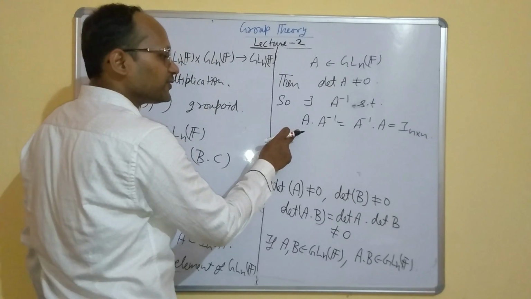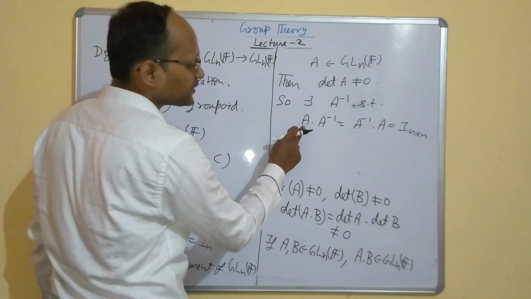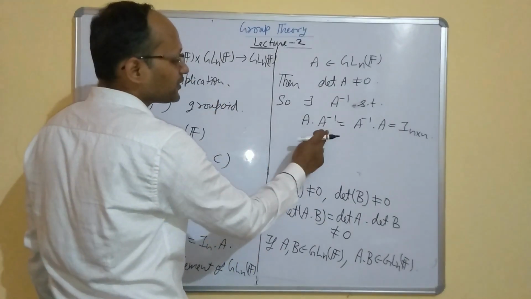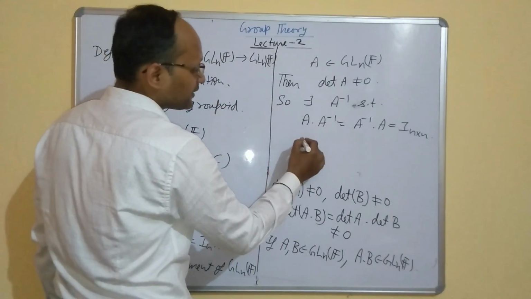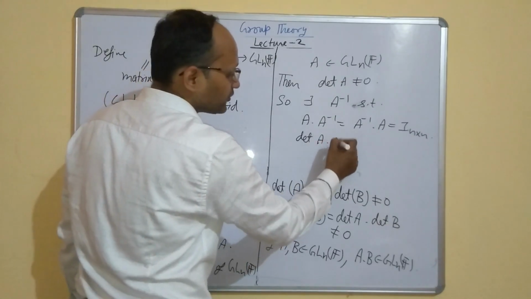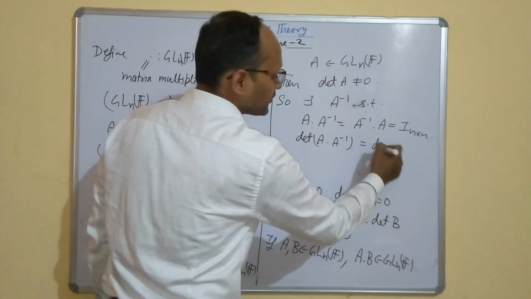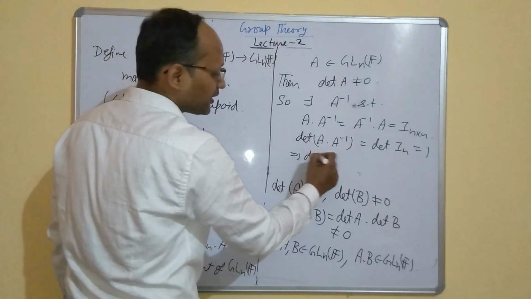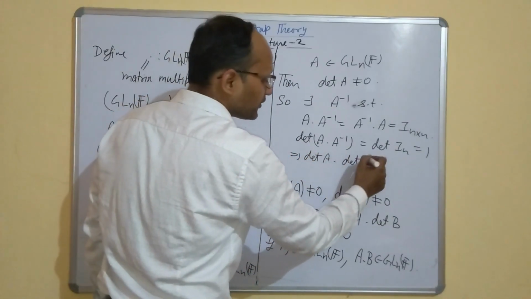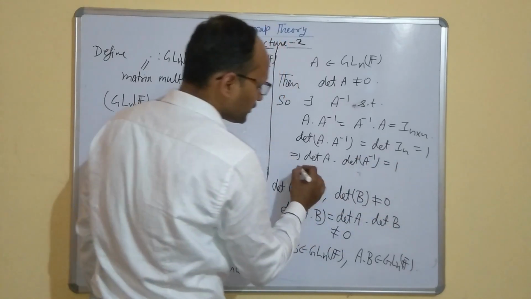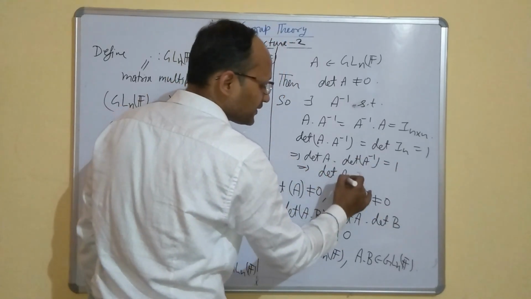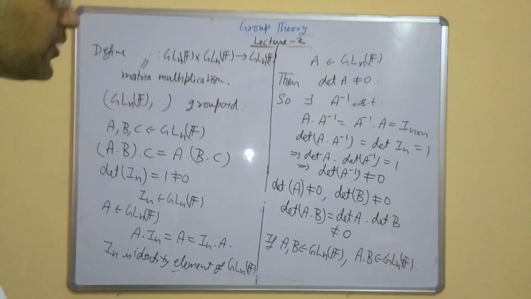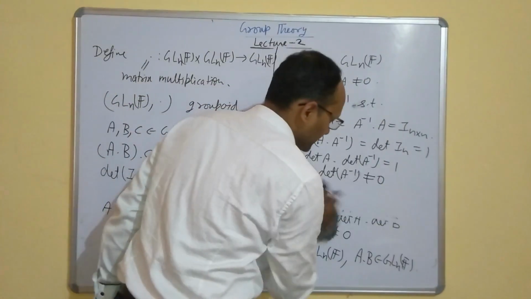So the inverse exists, because the determinant of A is non-zero and A into A inverse is identity. If we take the determinant on both sides, then the determinant of A into A inverse is the determinant of identity, that is 1. So it means determinant of A into determinant of A inverse is equal to 1. So this implies determinant of A inverse is not equal to 0, so the inverse belongs to the set GLnF.